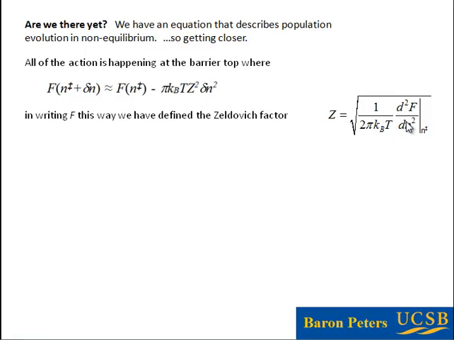So, in fact, if you plug in this definition of Z, this is a rather unusual looking coefficient here, but if you plug in this definition for Z, this Zeldovich factor, you will see that there's a lot of cancellation, and indeed this thing becomes a Taylor approximation to the free energy as a function of nucleus size at the top of the barrier. Okay, so remember this guy, this Zeldovich factor. We've rewritten the equation in this way because it will turn out to be quite convenient to define this Z later in the theory when we actually compute the rate.